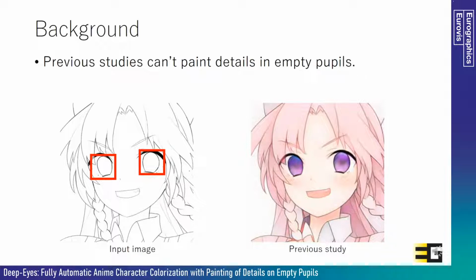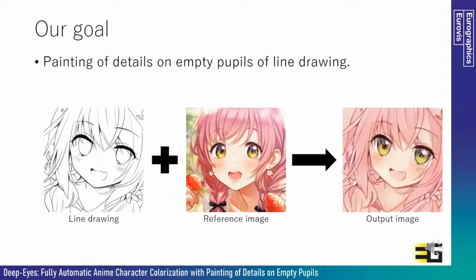In real-world paintings, most line drawings have empty pupils that artists must paint in. Here, we aim to support the colorization of illustrations in practical settings by colorizing empty pupils.